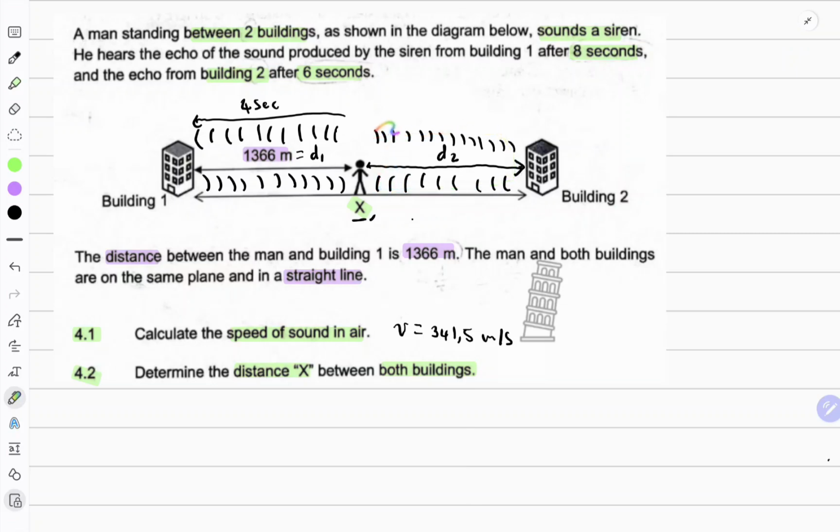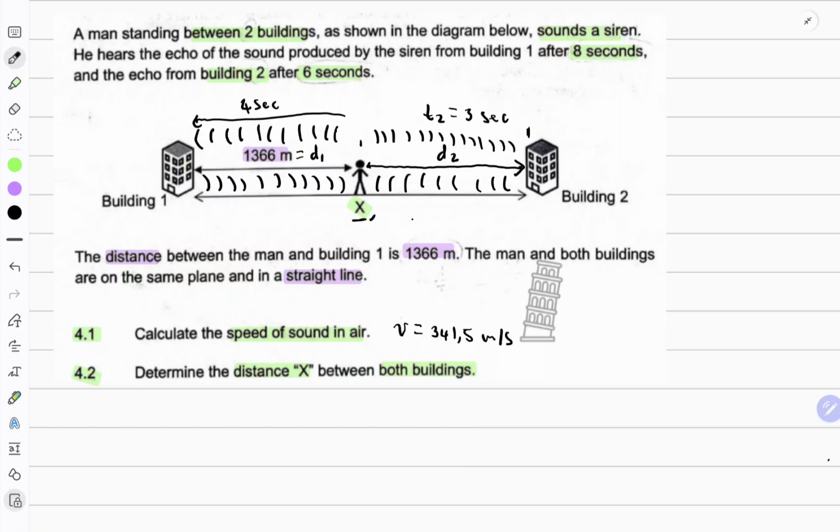It means for the sound waves to arrive at the second building from the source would take half the time, which is 3 seconds. So we have T2 to be 3 seconds. T2 represents the time taken for the sound waves from the source to reach the second building.